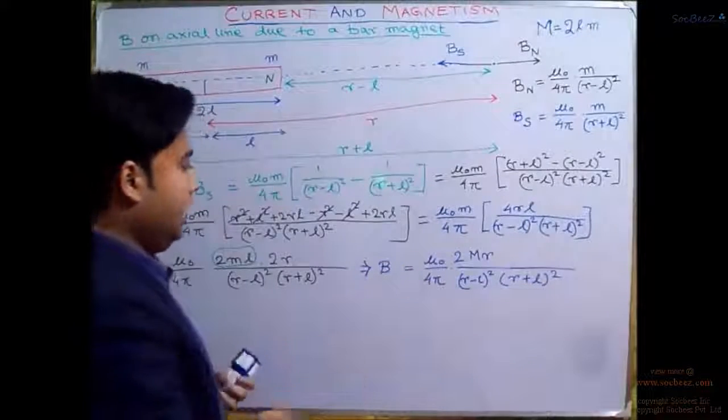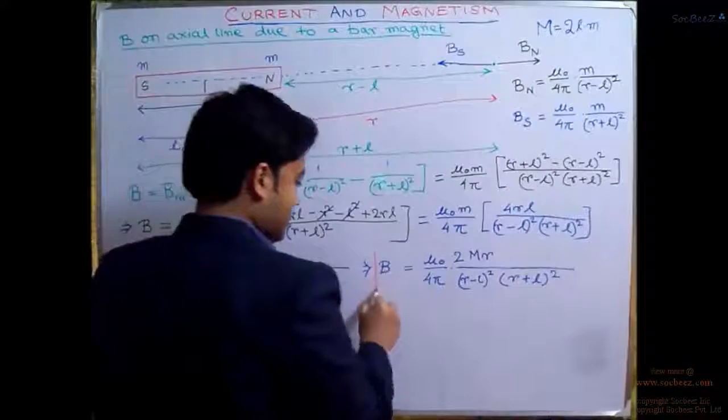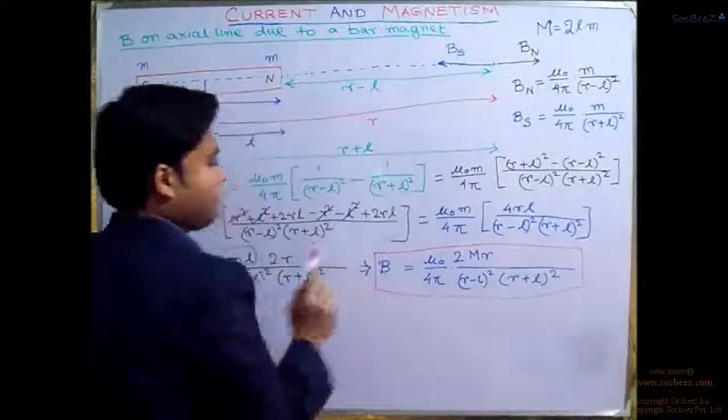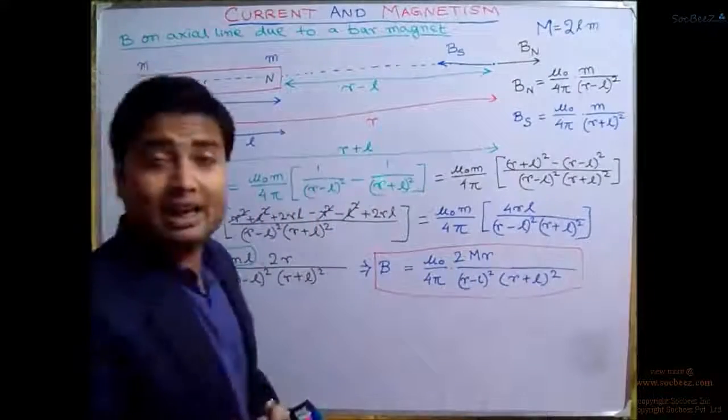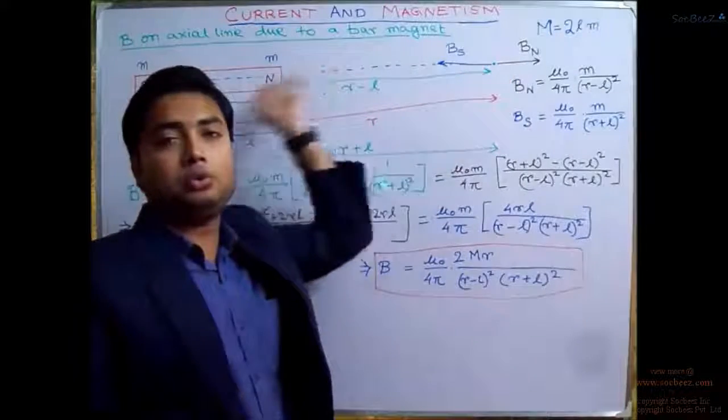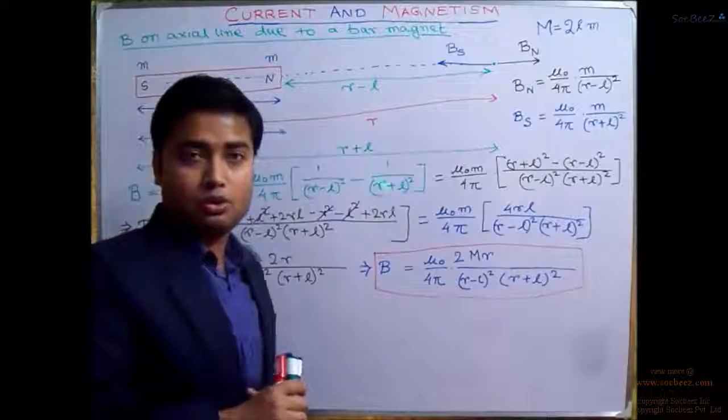So indeed we have deduced the expression for the resultant magnetic flux density at this point due to this magnetic dipole.